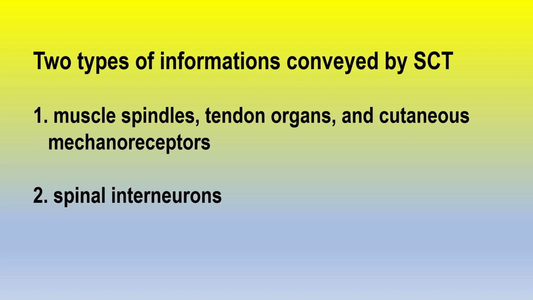This allows for the rapid transmission of precise temporal information regarding movements and cutaneous stimuli to the cerebellum. The other type of information does not originate from sensory receptors, but instead conveys information regarding spinal interneurons that mediate spinal reflex arcs and similar circuits.